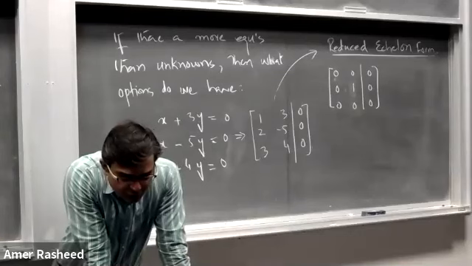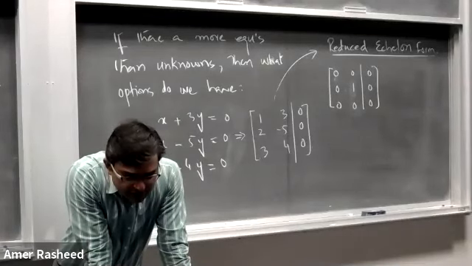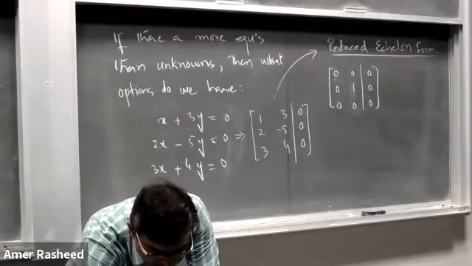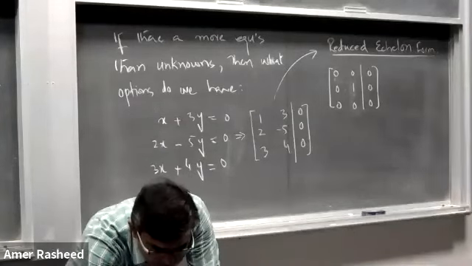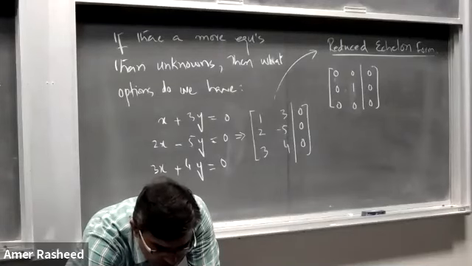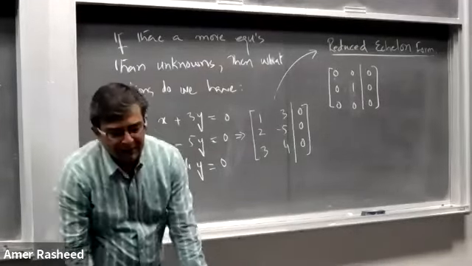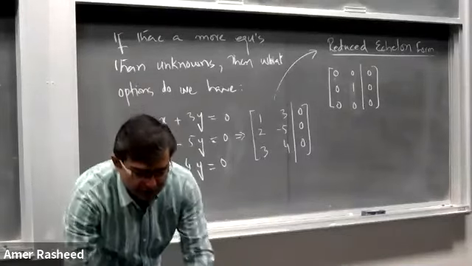Sir, if the reduced echelon form of the augmented matrix for a linear system has a row of zeros, then it is possible that the system must have only infinitely many solutions. I told you it depends on the reduced echelon form.